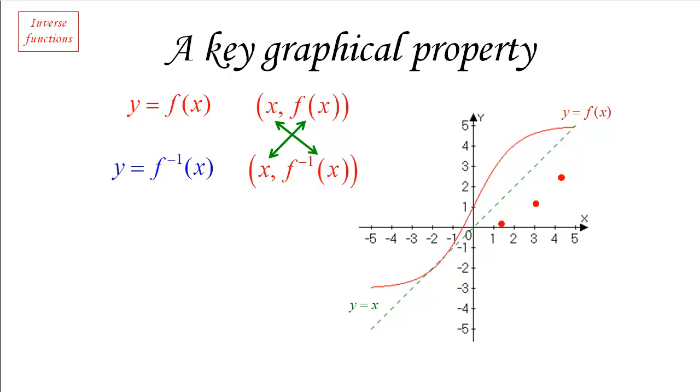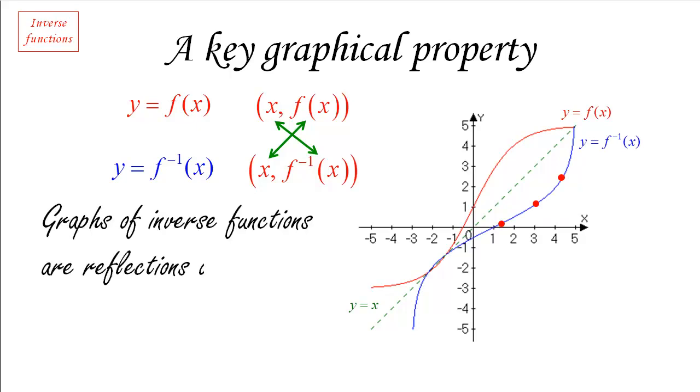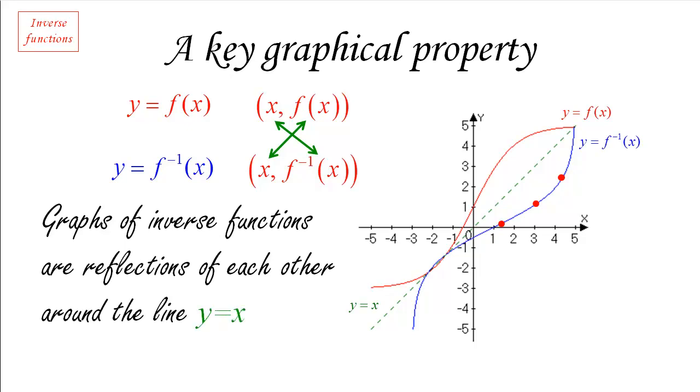And if we do that for the whole curve, we realize that the inverse function has a graph which is the reflection around the line y equals x of the old function. And once you're talking about reflection, we can talk about these two curves being reflections of each other around the line y equals x.